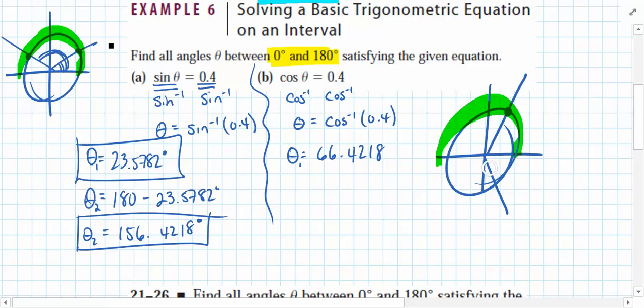The only other x value with that coordinate would have been down here. Now this drawing isn't very accurate, so it might not look that way, but a point down here would have the same x value as this first example. But there are no other points in this range between 0 and 180 degrees that has the same x value. So we'll have to leave this as the only answer to part B.